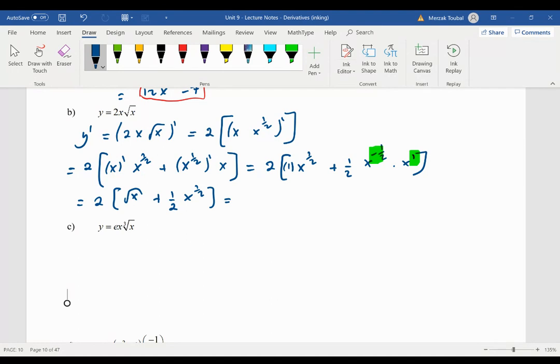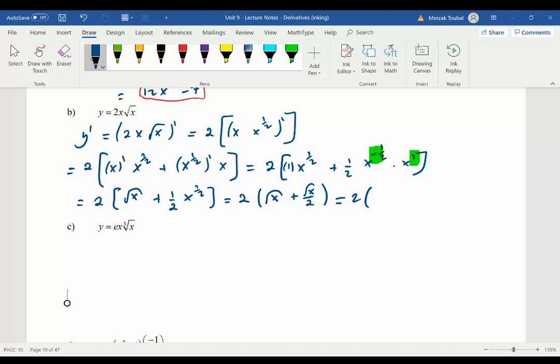We still can simplify, because this is going to be 2 times square root of x plus square root of x over 2. 1/2 times square root of x is the same thing as square root of x over 2. Actually, we can keep it like this. We don't have to go any further. Or let's simplify it. Sorry, simplify.